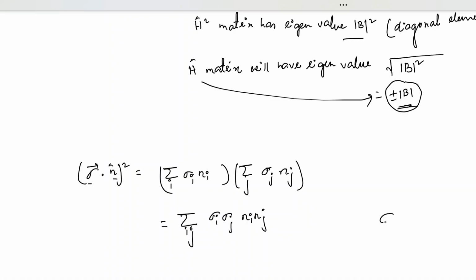You know that Pauli spin matrices have particular properties, like a product property: sigma_i sigma_j equals delta_ij times an identity matrix plus epsilon_ijk, whose value becomes plus 1 if ijk are in cyclic order and minus 1 if they are not in cyclic order.